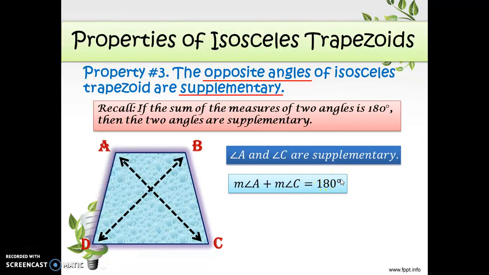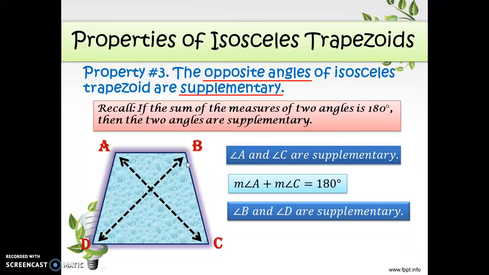And also, angles B and D are also opposite angles. So we can expect that they are also supplementary to each other. Hence, the measure of angle B plus the measure of angle D is also equal to 180 degrees.